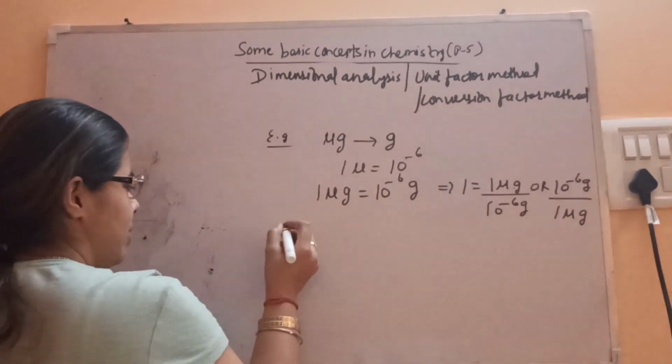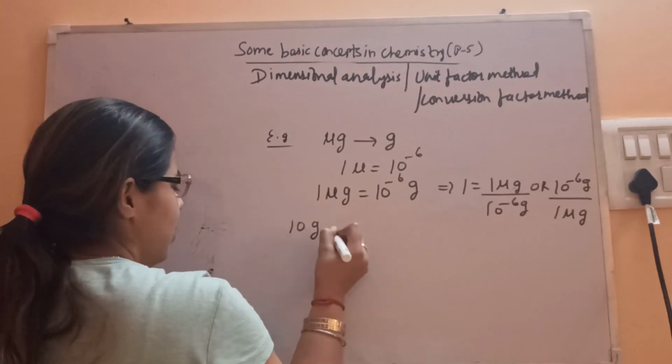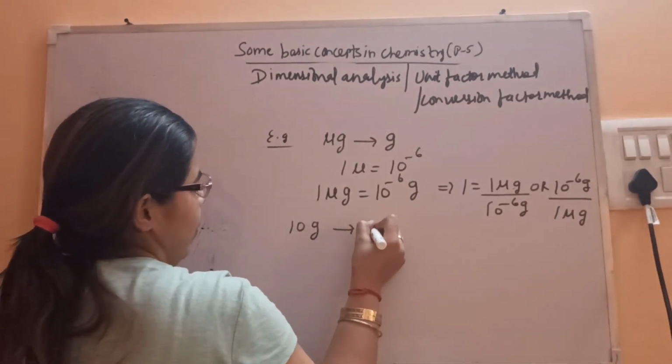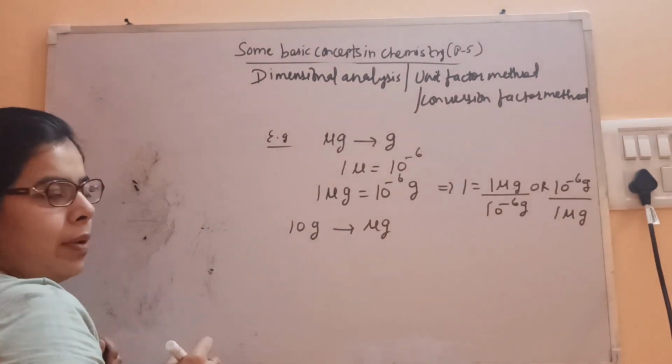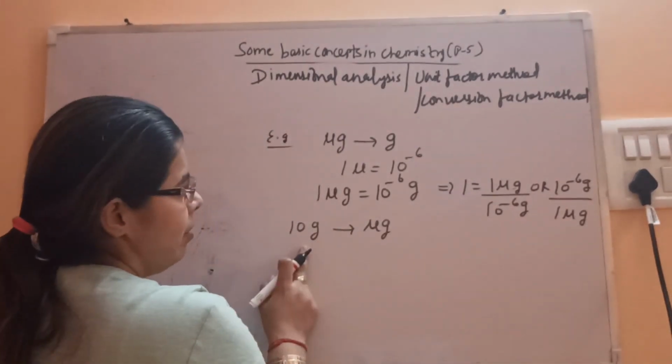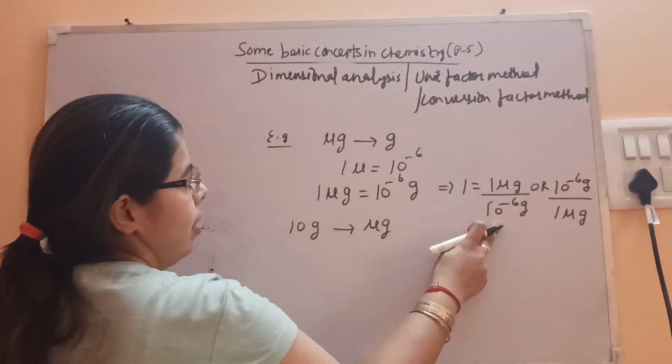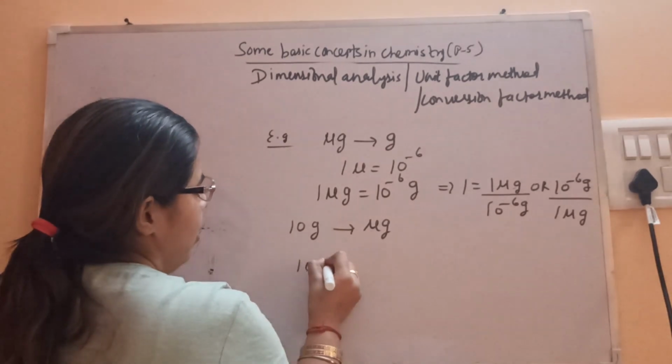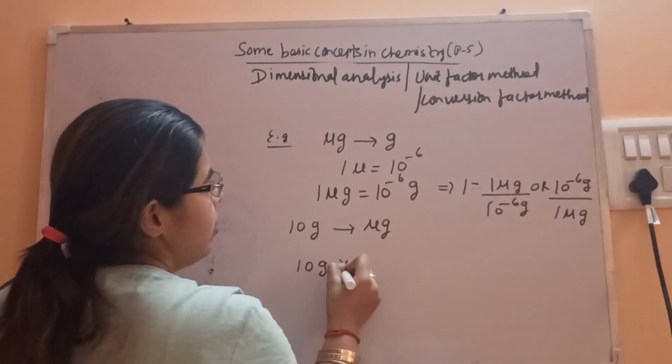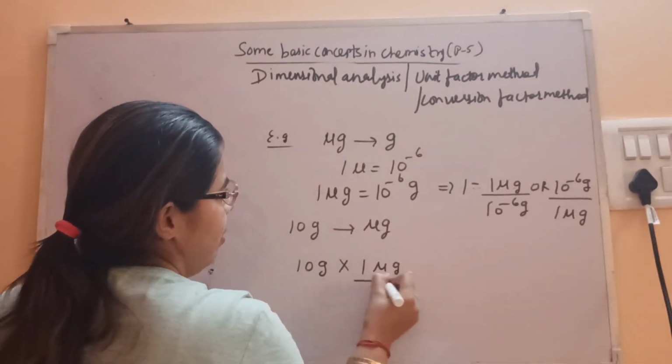Now my question is convert 10 grams to micrograms. Okay, so which unit has to be converted? Take it in the denominator and put the required one in the numerator. So multiply with this conversion factor.